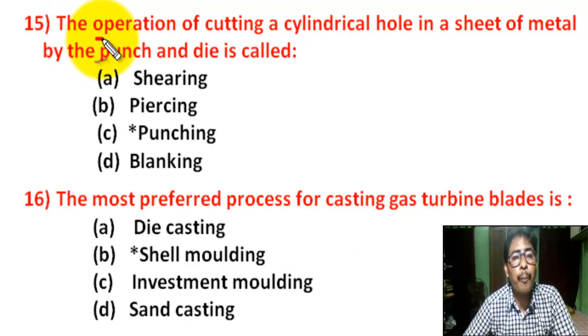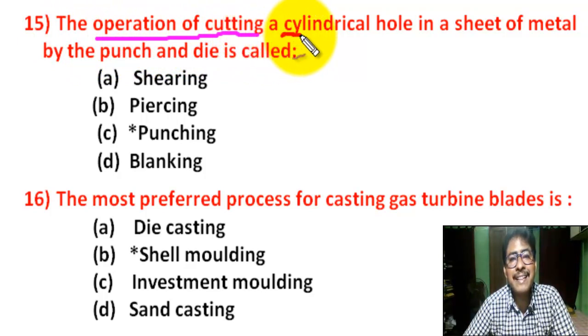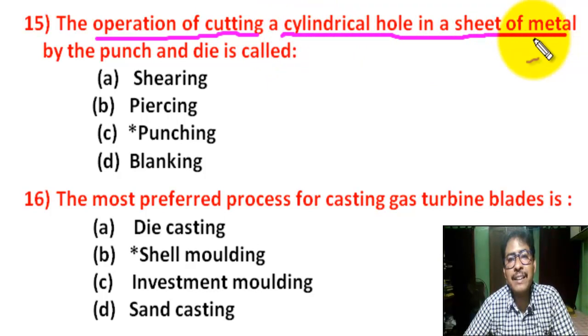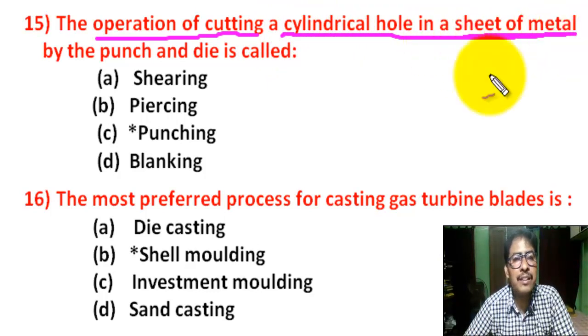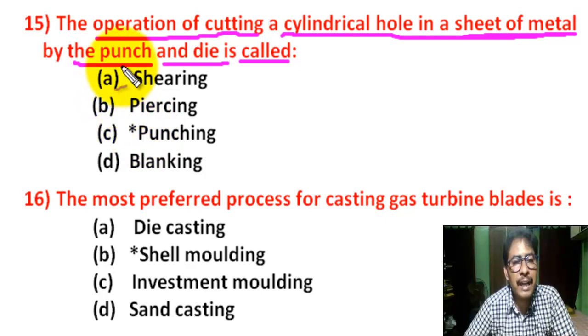Question number 15. The operation of cutting a cylindrical hole in a sheet of metal by the punch and die is called, there are 4 options.